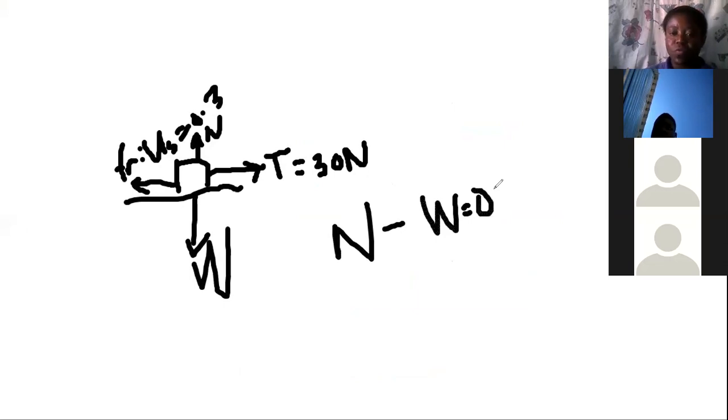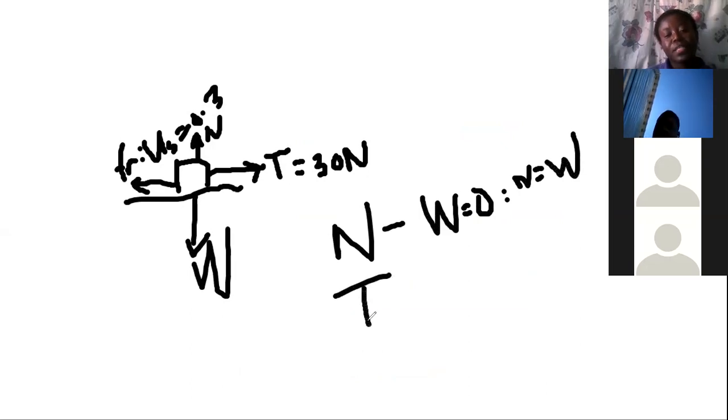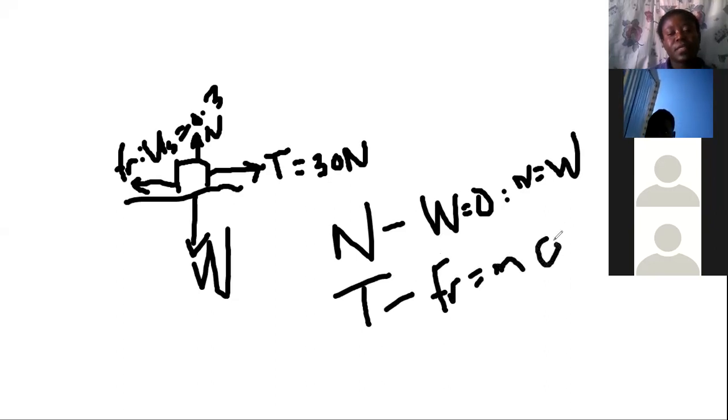This object is not moving, so the normal force is equal to the weight. In the x direction, we have the tension force minus the friction force equal to the mass times the acceleration.